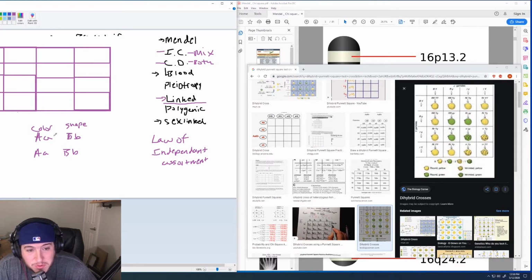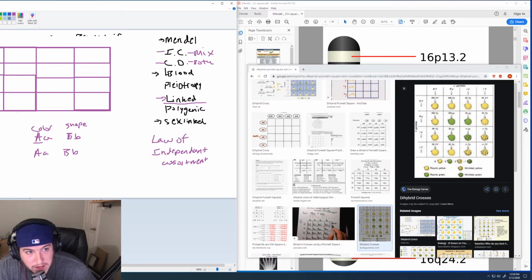And remember that when you're doing two traits, do not put one letter above each box. Do not do this. Do not go A, B, B. That's bad. That's wrong. I'm going to hate you for it. Don't do it. Remember, the first thing you have to do is FOIL. You have to distribute. So you say, all right, we're going to do the first letter of this trait and the first letter of this trait.